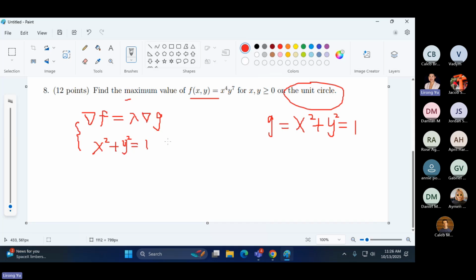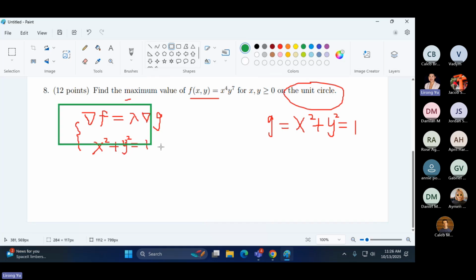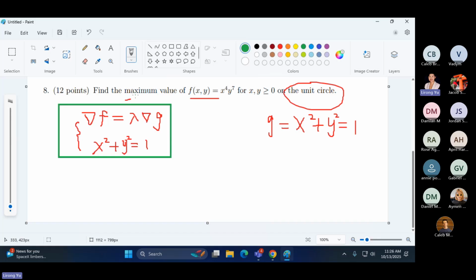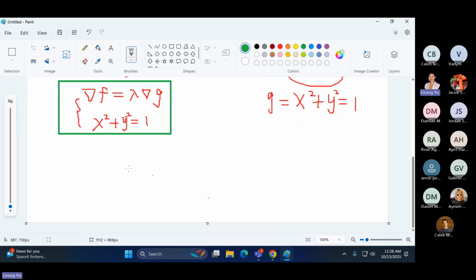How are we going to solve it? So the Lagrange multiplier method will allow us to write a system of equations. Solving the system of equations, we'll find out exactly which x value and y value could possibly give us the maximum value. All right, and then the rest is a solving process.